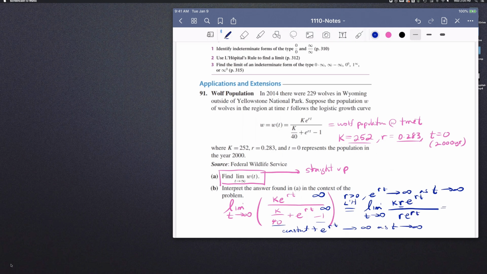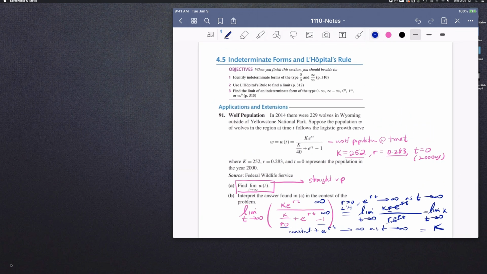With a little algebra, r e to the rt cancels out, and you're left with only the constant k. The limit as t goes to infinity of that constant is k. So this limit is equal to k, and the next thing to do is interpret the answer.